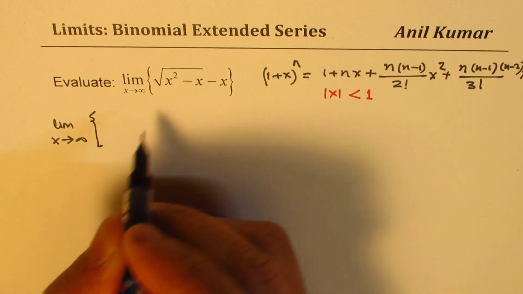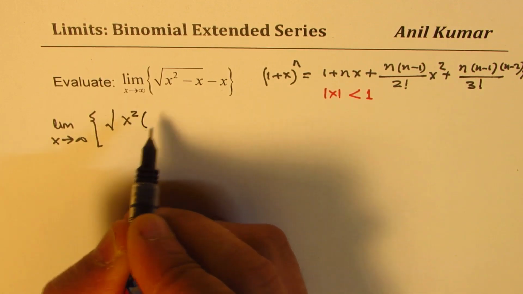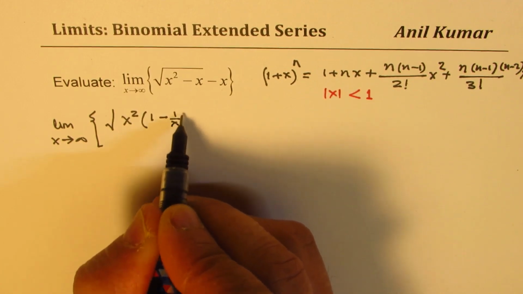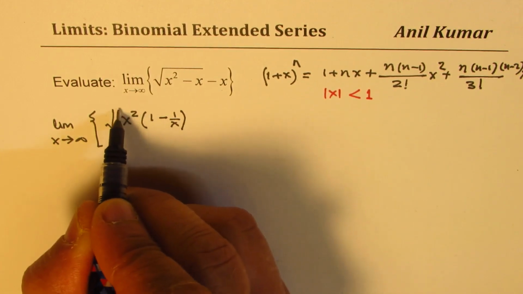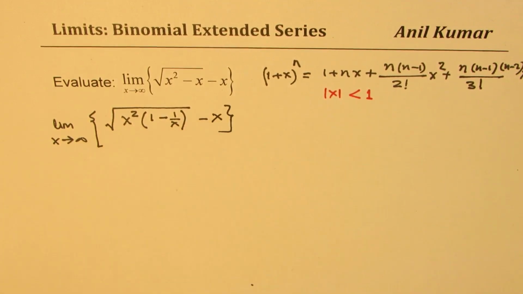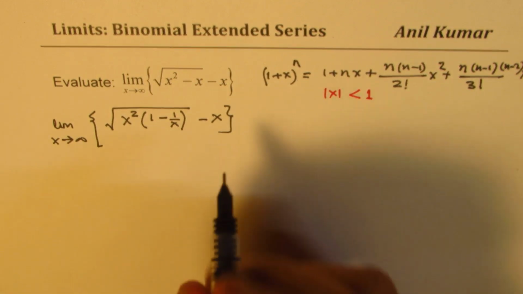If I take away x squared, I get square root of 1 minus 1 over x, correct? Within the square root, and here we have x. Perfect. So we do have a form which is similar to what we were working with.